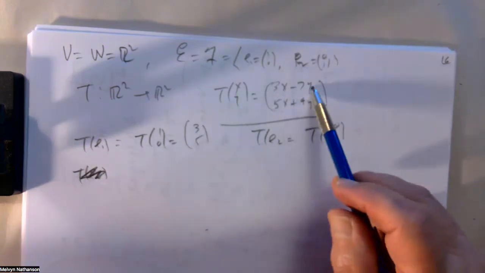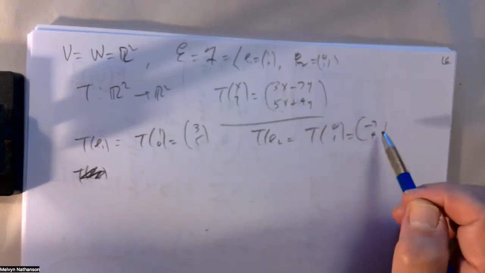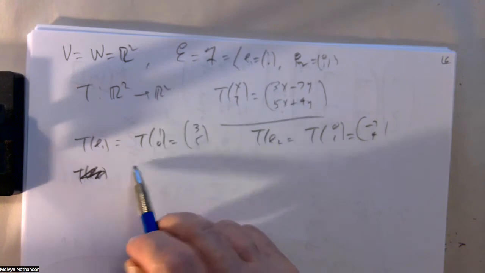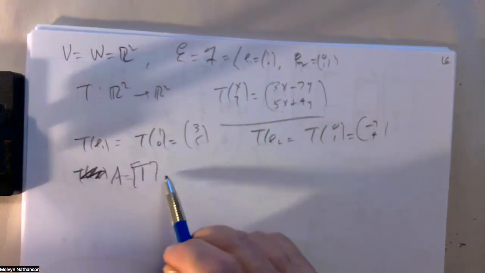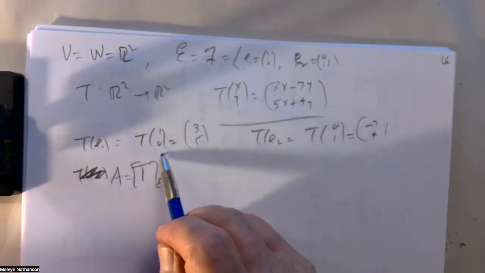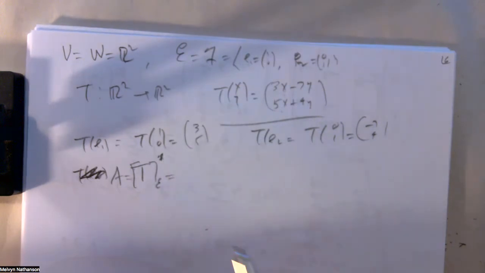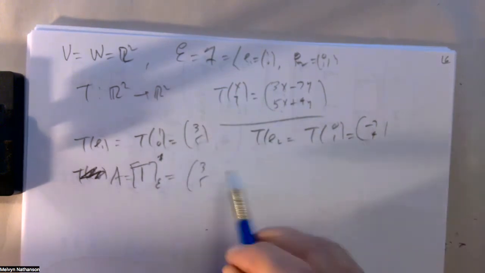When you let x equal 0 and y equal 1, you get (-7, 4). So the matrix for T, I'll call it A, with respect to these two bases, from E to E, or E to F. This is the first column. This is the second column.